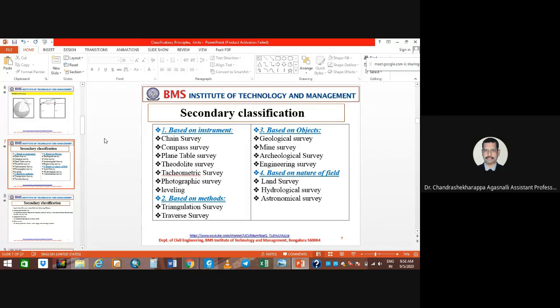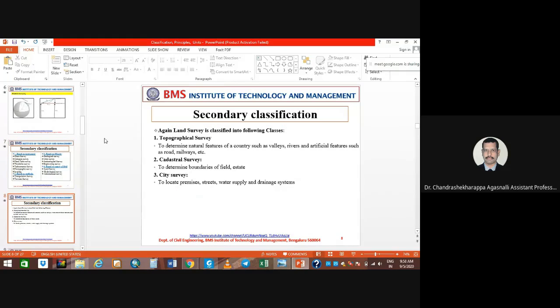Okay? Based on the nature of the field, a land survey, or it may be hydrological survey, or it may be astronomical survey. Right? So, in the secondary classifications, the land survey is further classified into different classes. Land survey, you might have heard of the cadastral survey and city survey.